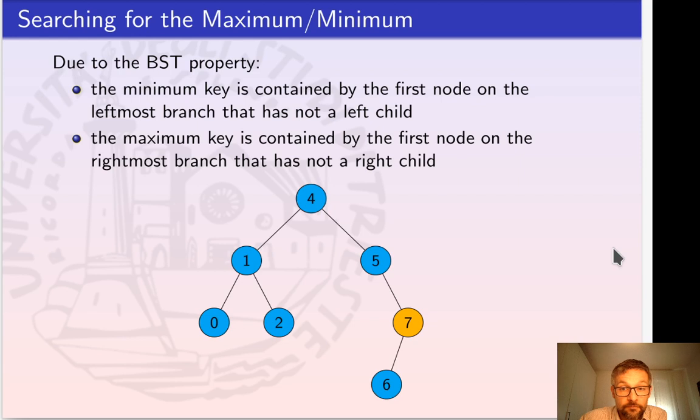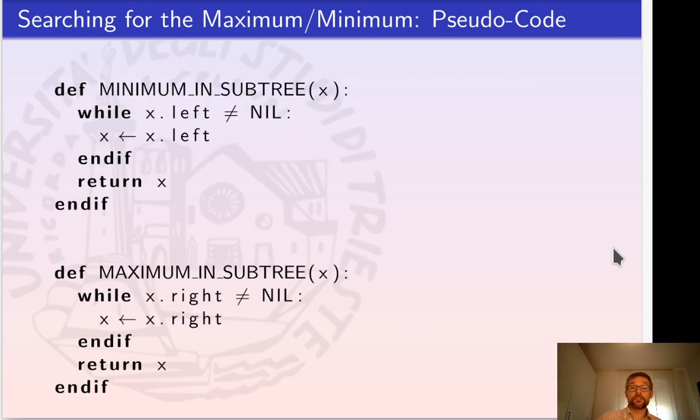Okay, so going to the code, it's quite easy to find the minimum and the maximum of the BST, and we can provide two quite general procedures: one to find the minimum in a generic subtree of the tree, and this is it, and one for the maximum in a generic subtree, and this is it.